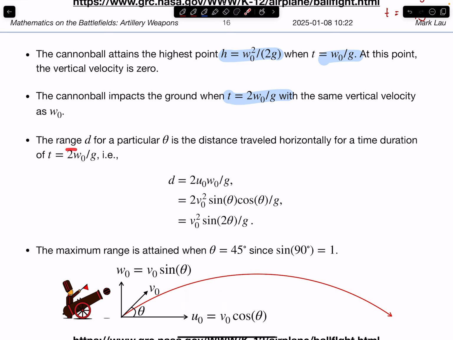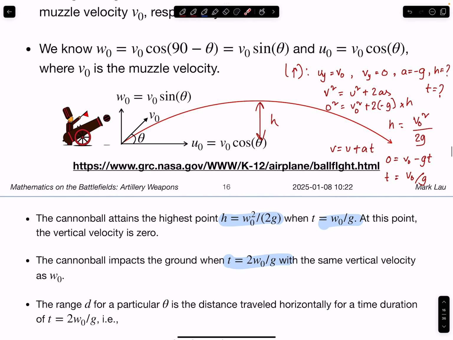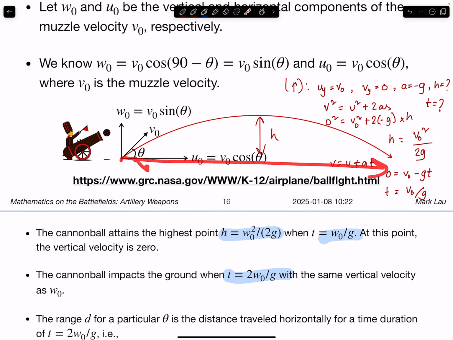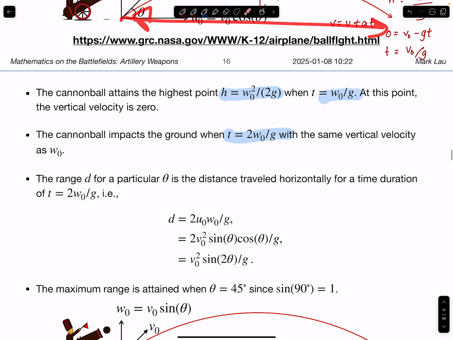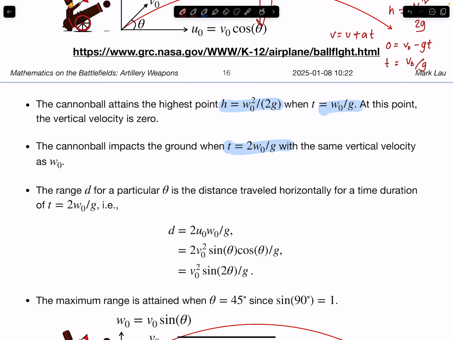Next, the range d for a particular angle theta is the distance traveled horizontally for a time duration. Range is the horizontal distance traveled, and we know that there is no force or no acceleration in the horizontal direction. So ux is equal to v naught, sine or cos?